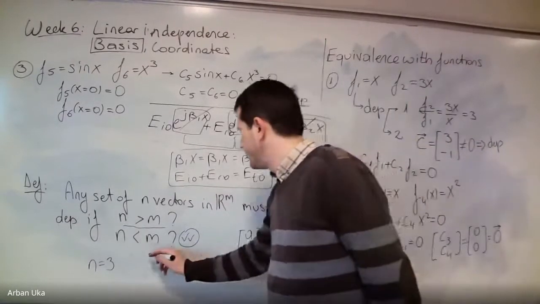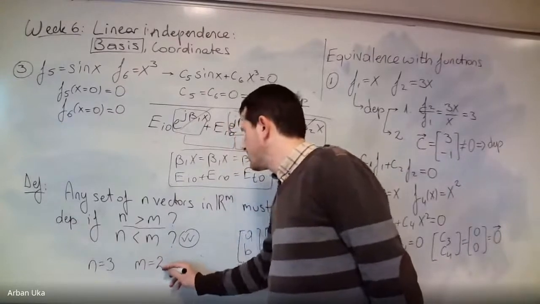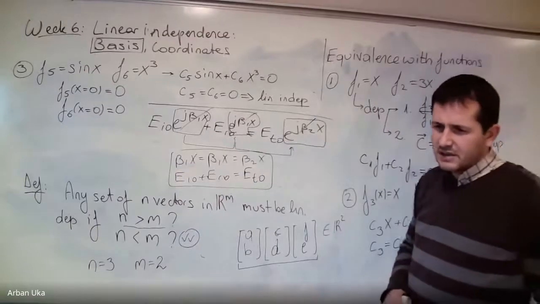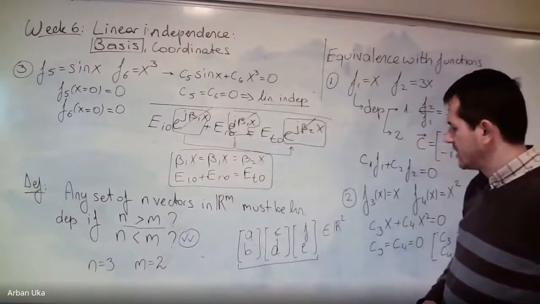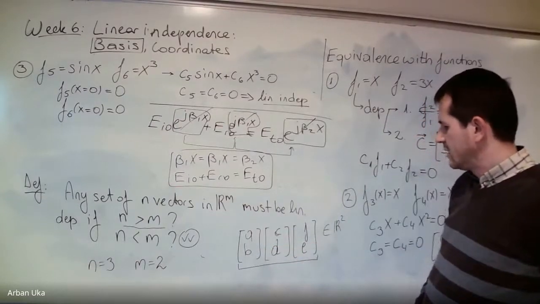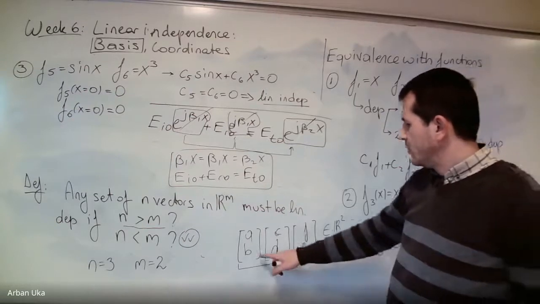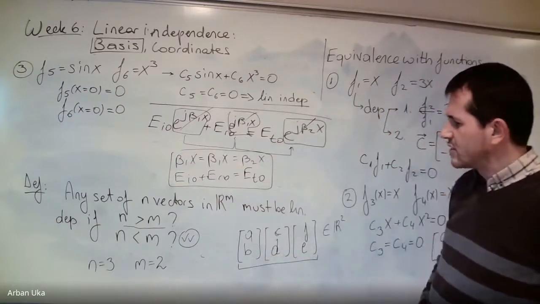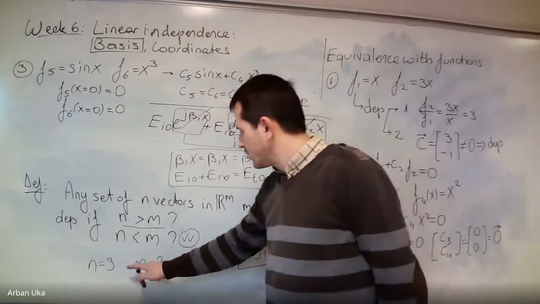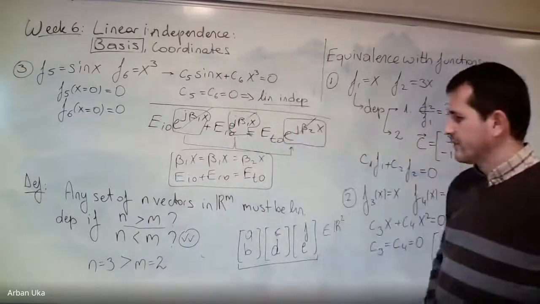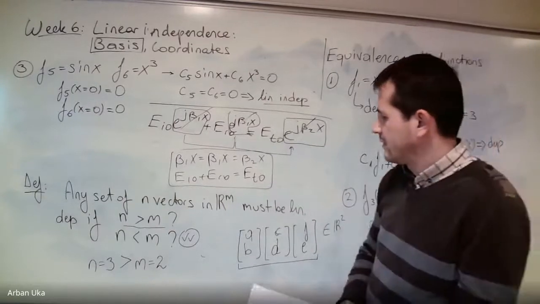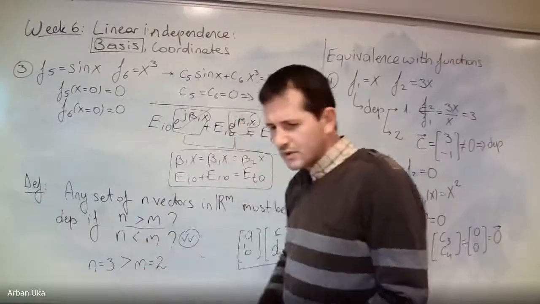So here we have m equal to 2, okay? And then someone from the class correctly reported that these are linearly dependent. Why? Because we have 3 vectors in 2-dimensional space. So these are linearly dependent, and this is happening because what? Because we have this, right? So probably this is going to be like this.